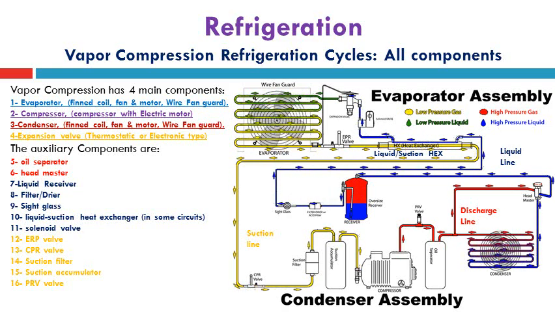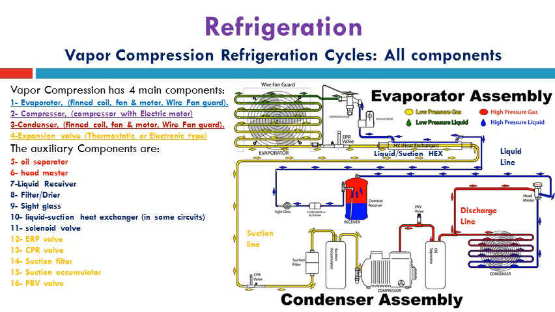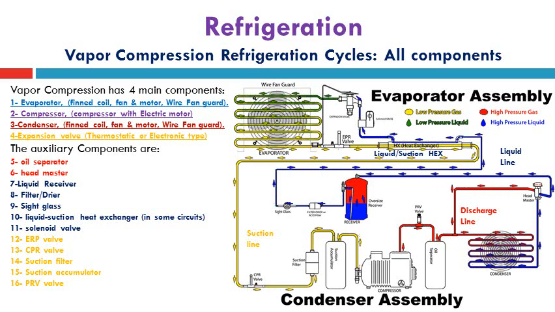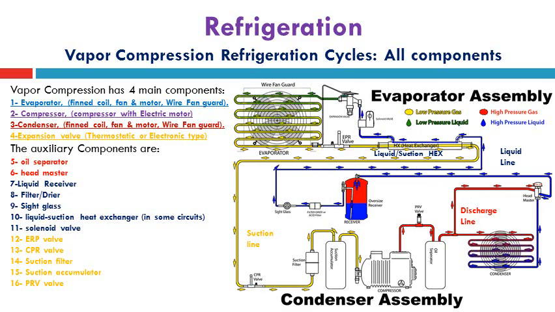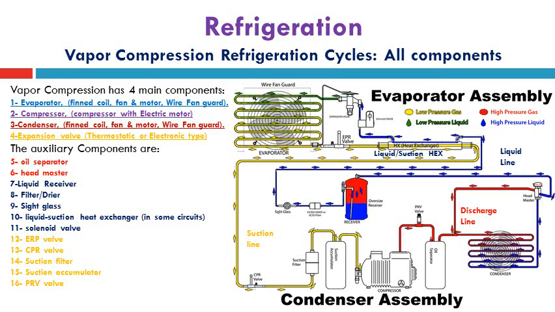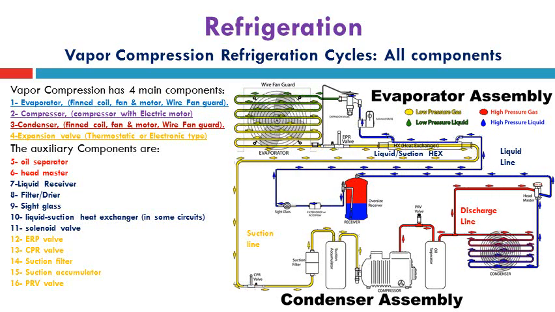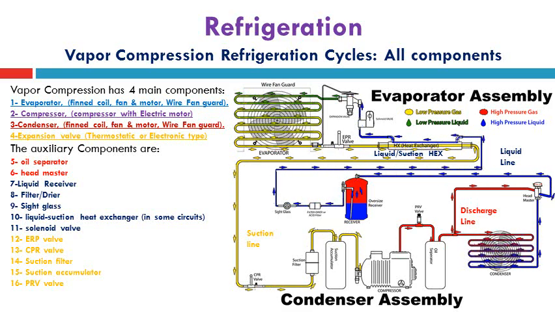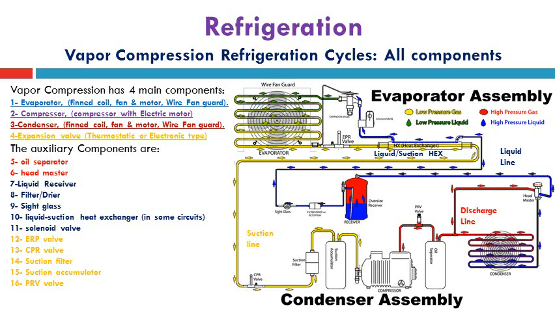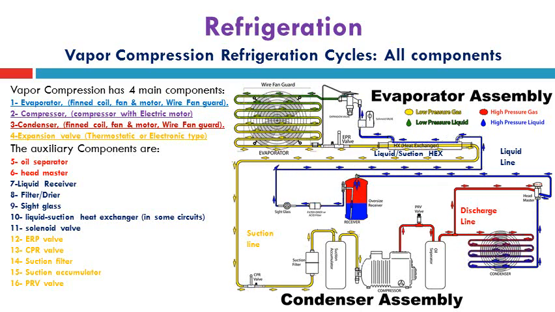This effect of the liquid suction heat exchanger will be discussed and shown on the pH diagram in the next slides, and also a solved problem will explain the effect of the liquid suction heat exchanger on the value of the COP in different cycles. Number 12 and number 13, EPR valve and CPR valve. The EPR is the evaporator pressure regulator, which regulates the pressure of the evaporator to ensure the performance of the compressor.